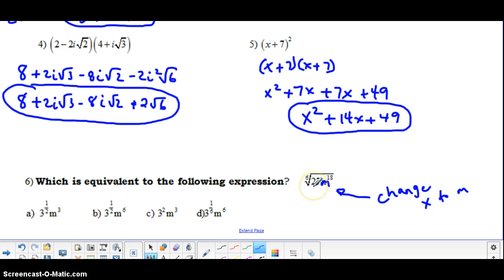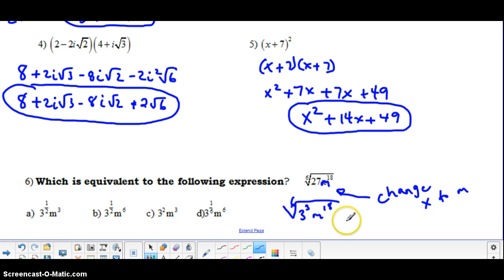So this was radical, and this is exponential. But first, even before I convert it, I need to change 27. It's a perfect cube, and it would be 3 cubed. Now it looks a little bit more like my answer choices. Now I just have to convert it. And remember, when we convert from radical to exponential, we put the exponent over the index, or the inside over the outside.